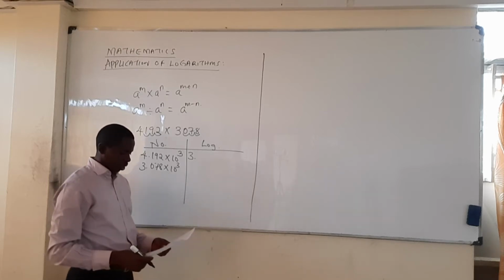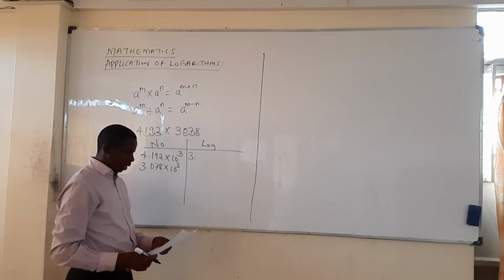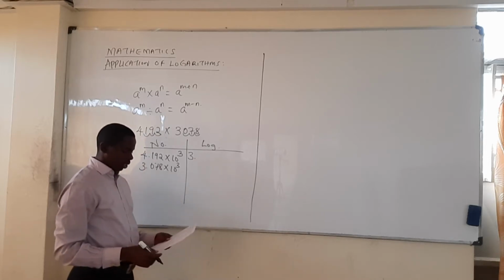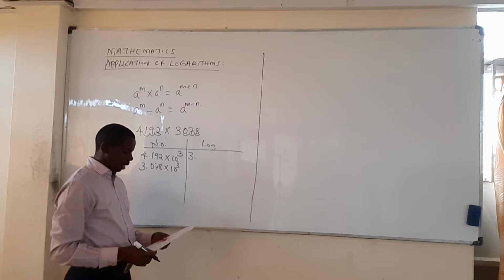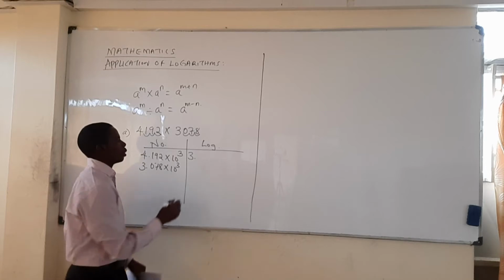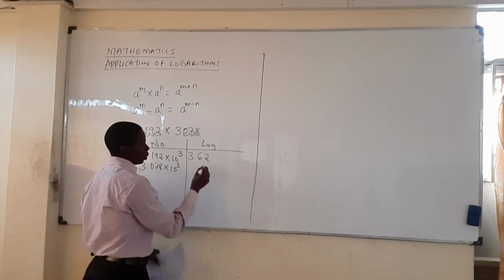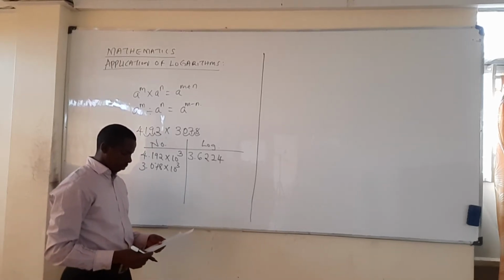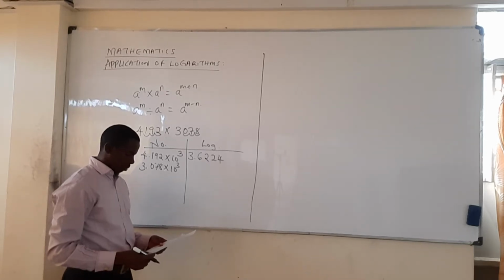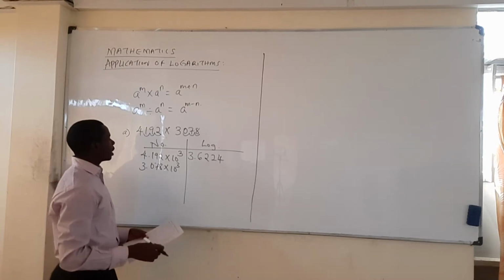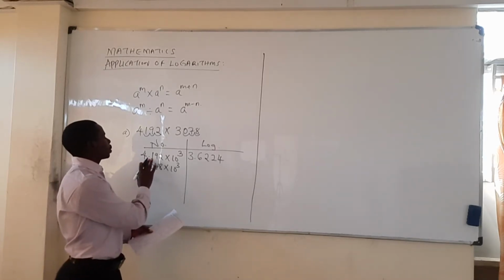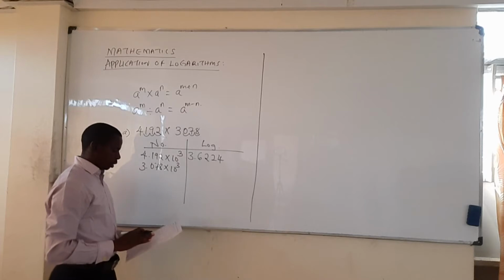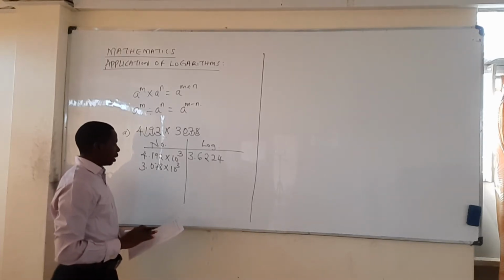Then we add the additional column for 2, and we get 0.6224. So the log of 4.192 is 3.6224.